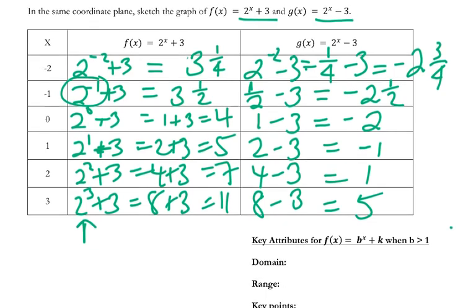Okay, so let's graph that and see what that looks like. I'm going to go to graph paper on the next page. So I had 3.25. So let's put that dot for negative 2. Negative 2 and 3 1/4. Then negative 1, 3.5.